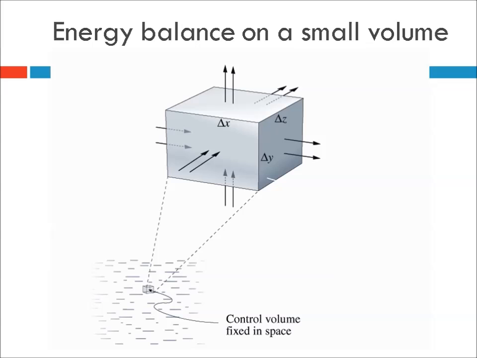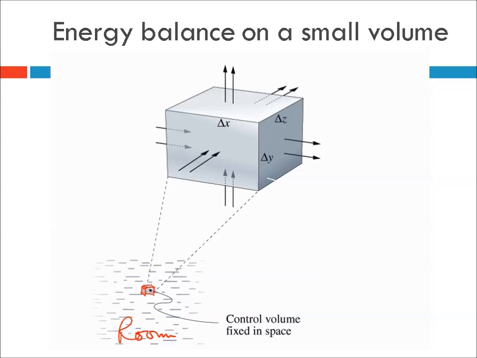So we choose a small volume fixed in space. This could be a small volume inside the room, air, or it could be a small volume in the body tissue. The point is, it is a small volume in an arbitrary location that's fixed in space.